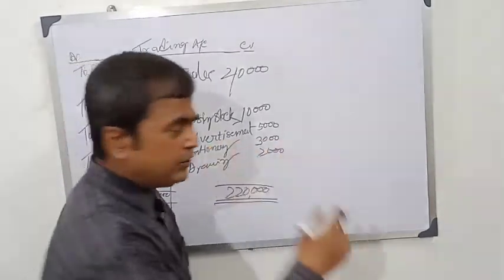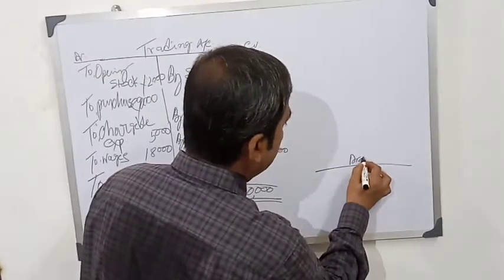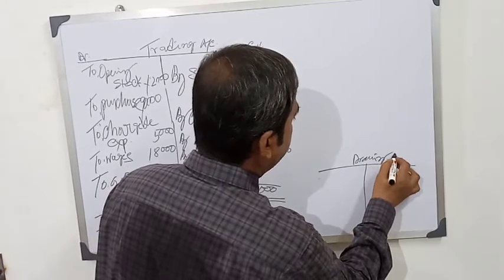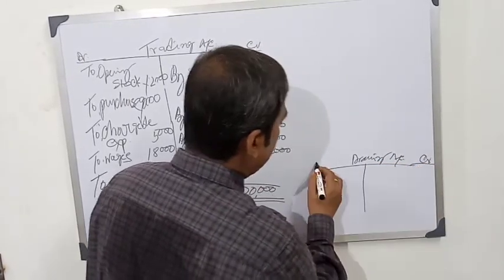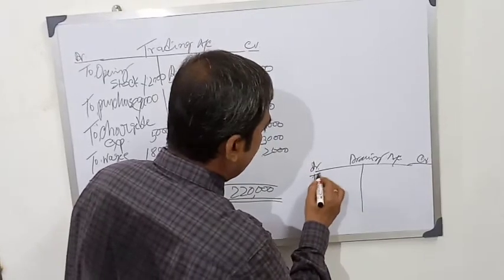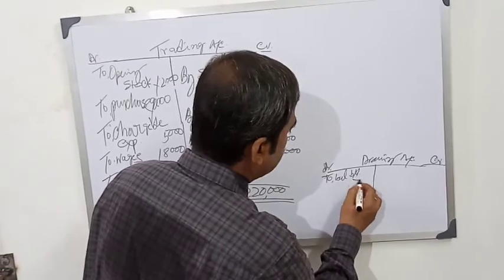Similarly, if you have a drawing account already appearing in your trial balance, the drawing account must have a debit balance, say 7,000 as per the trial balance, brought down.